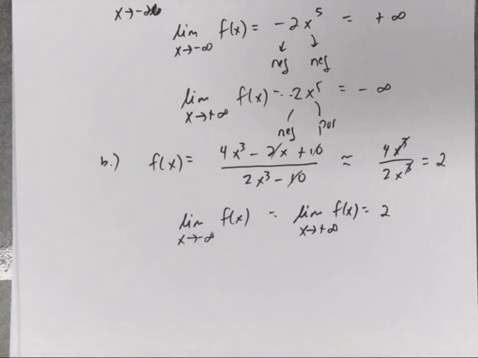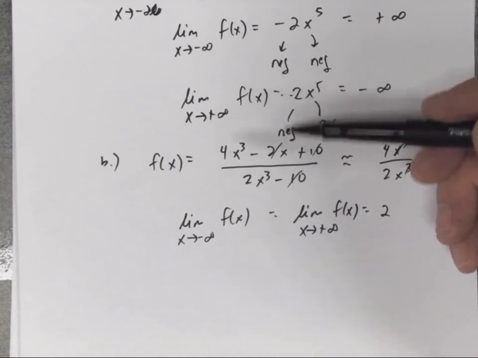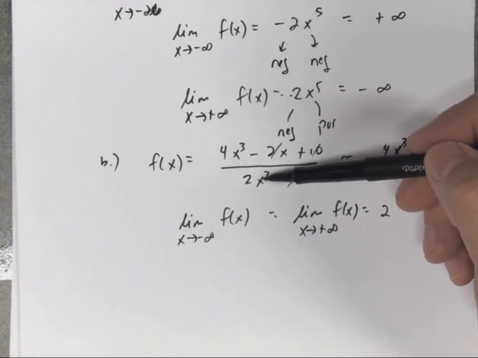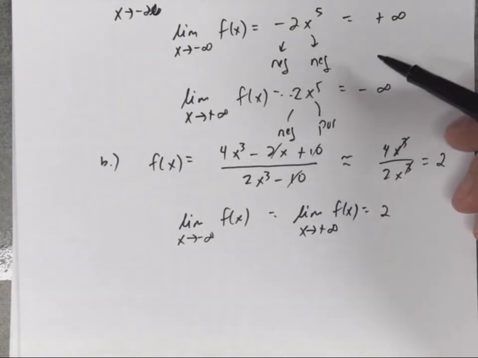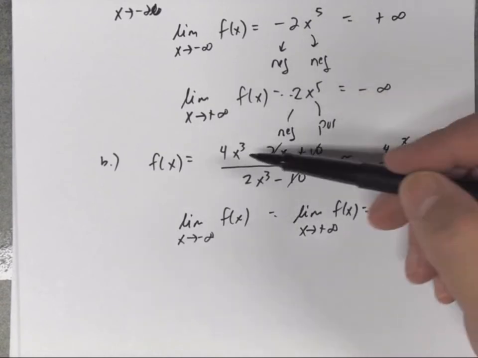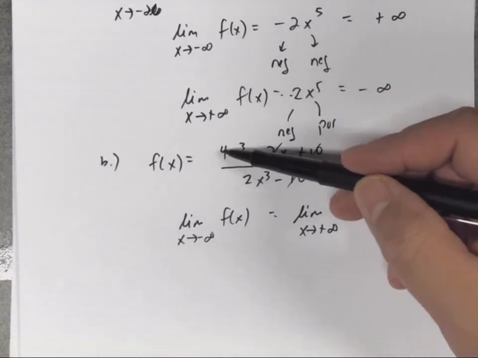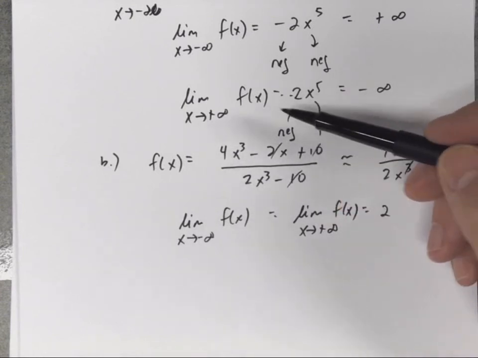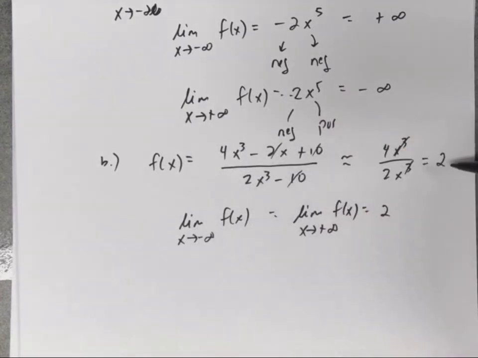The limit doesn't really matter where you're going, either to negative or positive infinity. It's always going to be 2. And that's what happens when your leading terms have the same exponent. Then the limit ends up being the ratio of your coefficients. In other words, 4 over 2.